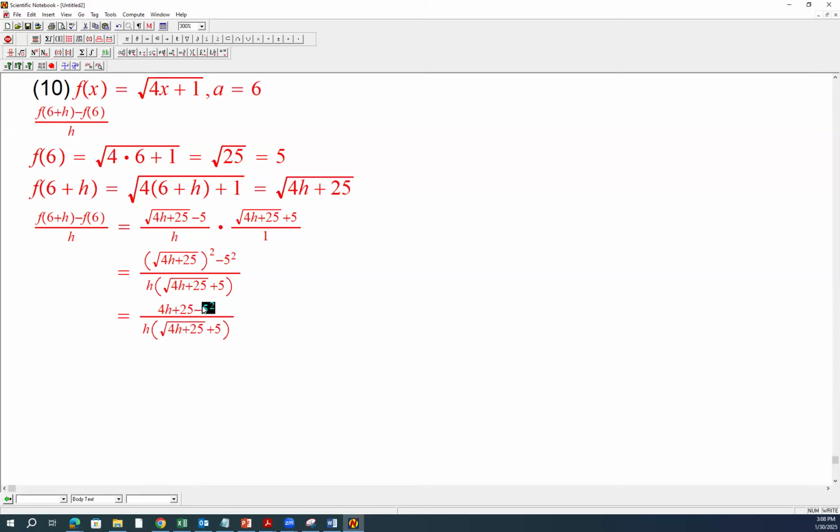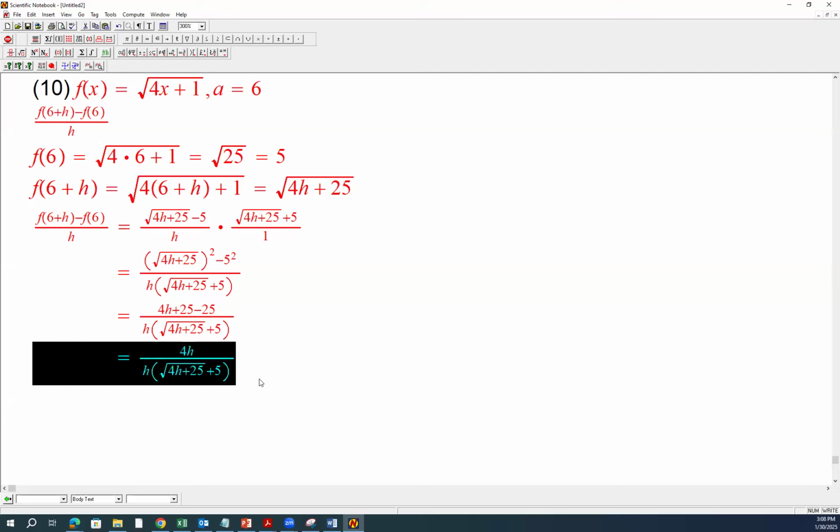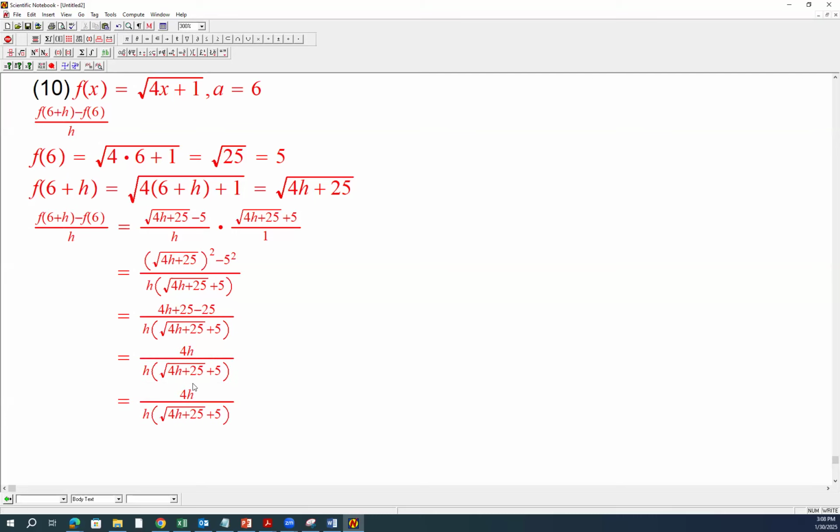And 5 squared is 25, right? Reduce it. 25 minus 25, that's 0. H and h reduced. So in the end, h is gone from reducing. The parentheses is no longer needed. And this is the end for this number 10.